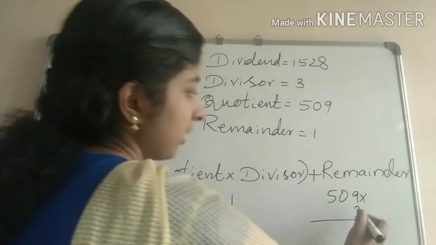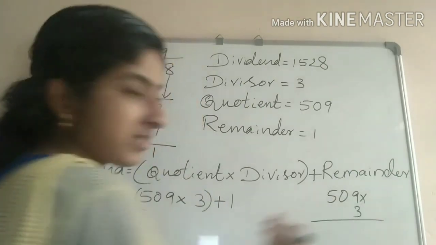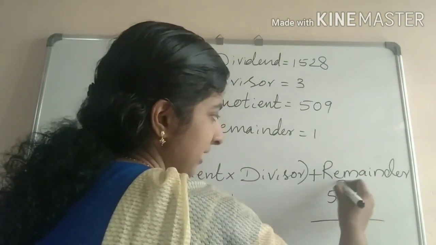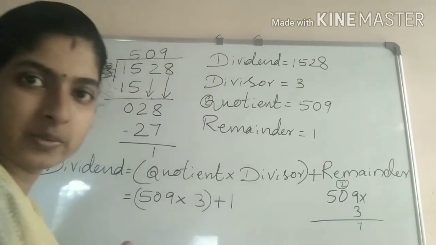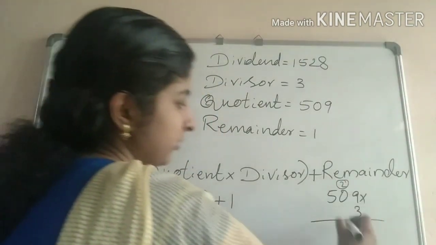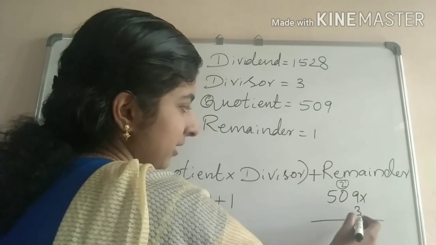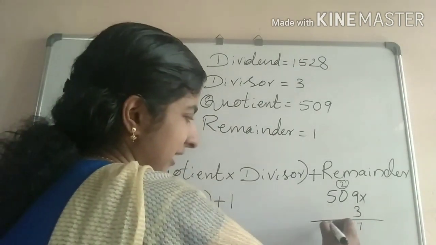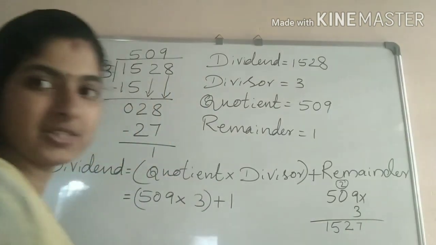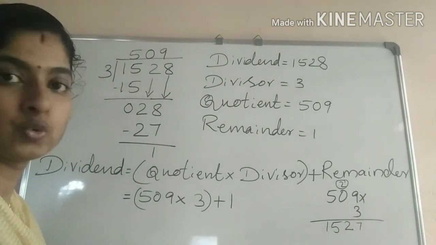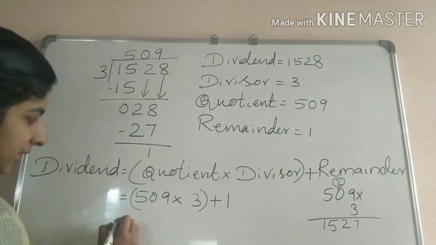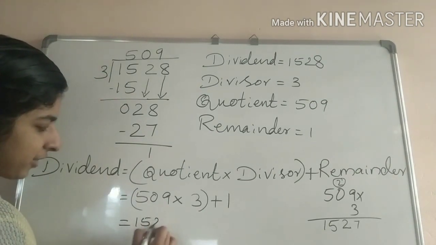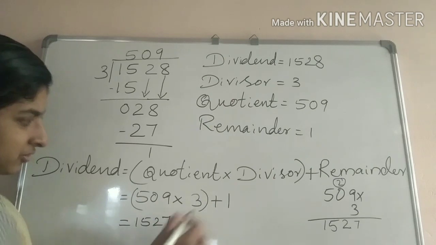See, 9 3s or 3 9s are 27. 7 is here, 2 is balance. 3 into 0, 0. Then balance 2 is here. Then 3 5s are or 5 3s are 15. 1527. That is 1527 plus this one.